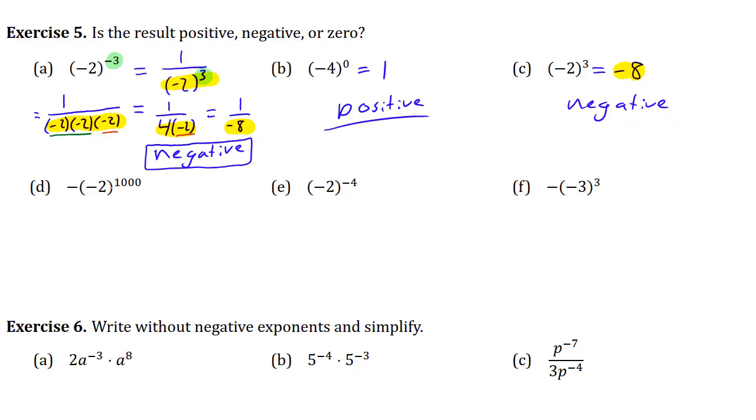How about this one? I'm going to leave this negative on the outside. And then negative 2 to the power 1000 means negative 2 times negative 2 times negative 2 times negative 2, 1,000 times.